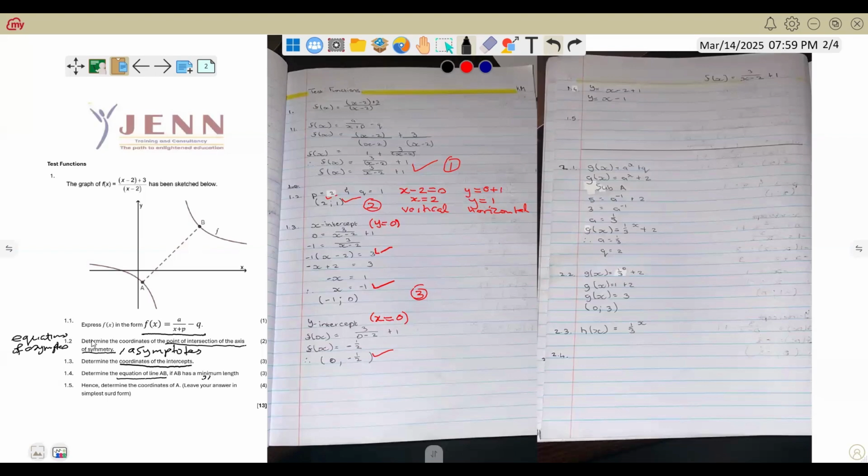If we are having a hyperbola and there's a line joining the two branches, the distance can only be shortest if that line is the axis of symmetry. Is that clear? So it can only be the minimum if it's the axis of symmetry.